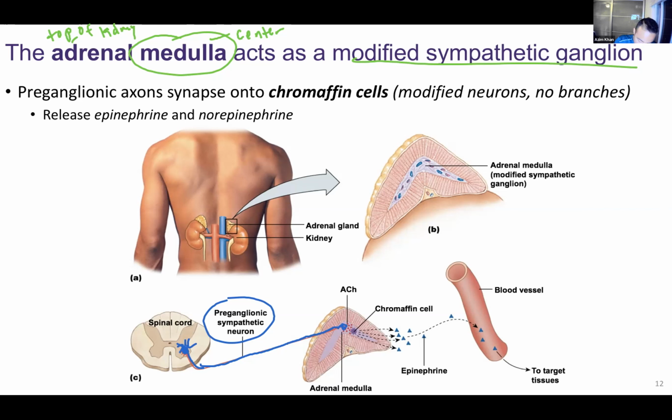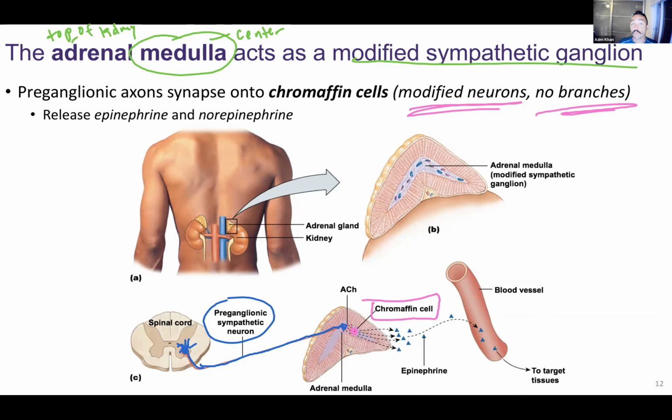It activates a cell called a chromaffin cell. So we go from a preganglionic neuron activating a chromaffin cell that's only found here in the adrenal medulla. Chromaffin cells are modified neurons, modified as in they don't have any branches, they don't have dendrites, they don't have axons. So they're not going to be sending out neurotransmitter, but they do get activated by these preganglionic neurons.